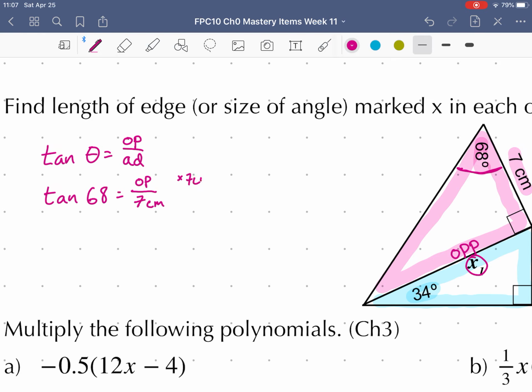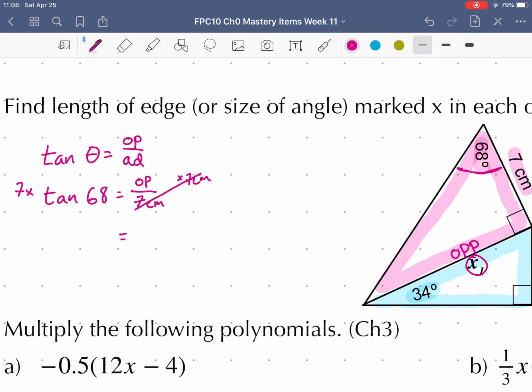Now we multiply this side by 7 centimeters, so we multiply this side, not by 3, I was writing a 3. So we multiply this other side by 7 as well. These two guys will cancel out, and we'll be left with our opposite equals 7 times tangent of 68. So I'm going to do that on my calculator right now.